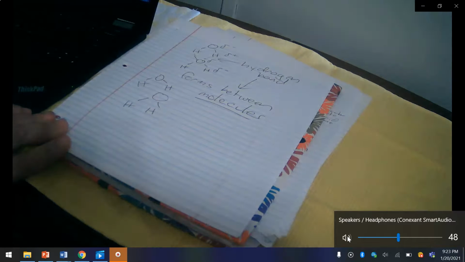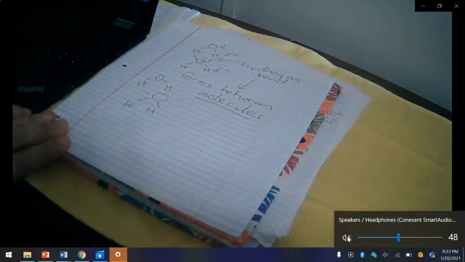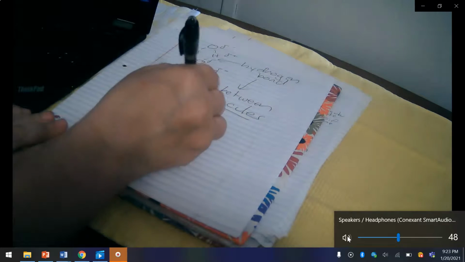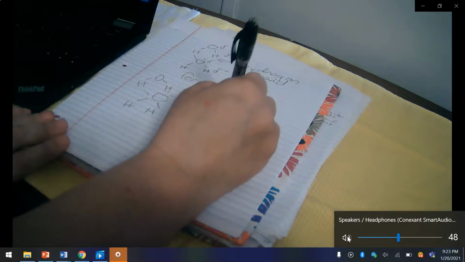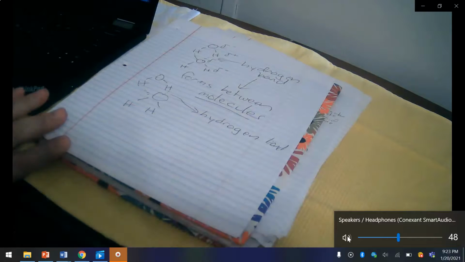Okay, so another water molecule is being attracted to this water molecule with its hydrogen end facing the oxygen end of the first molecule, and that is a hydrogen bond that forms. And that is a bond that holds molecules together weakly.